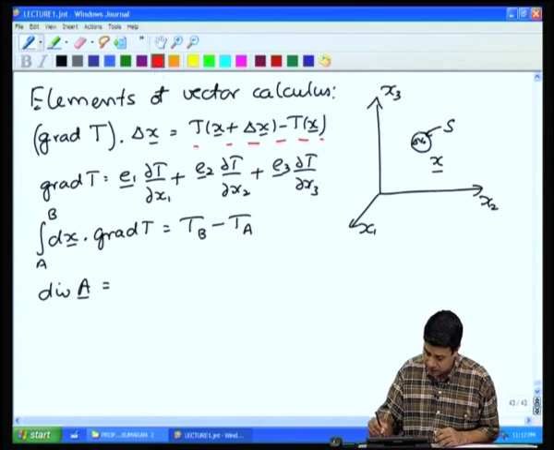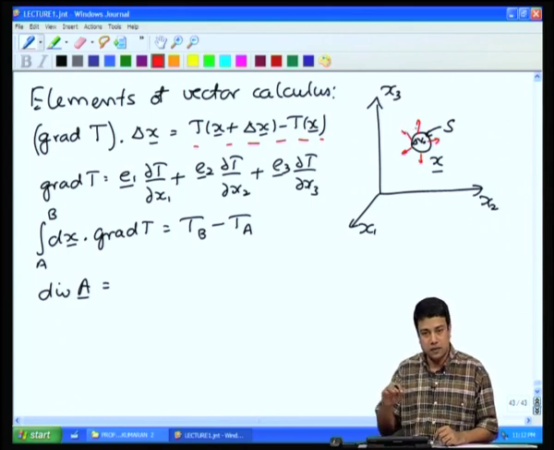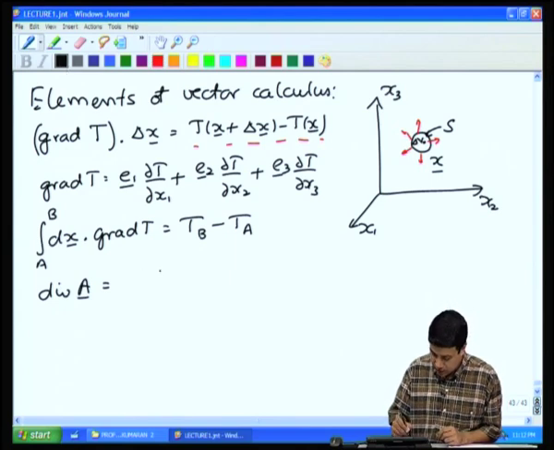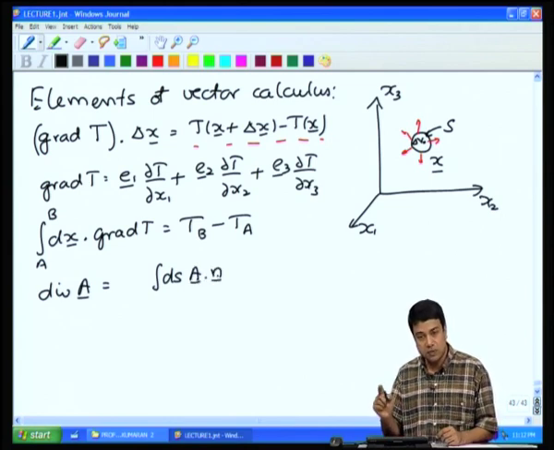That surface has an outward unit normal at various points along that surface. So, what I do is I take the integral over that surface of A vector dotted with the unit normal at that location on the surface.